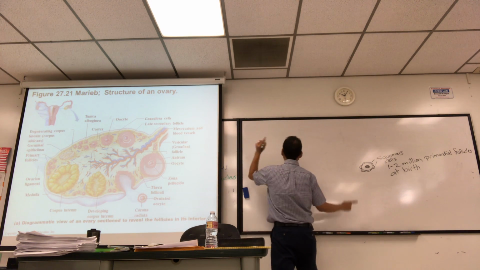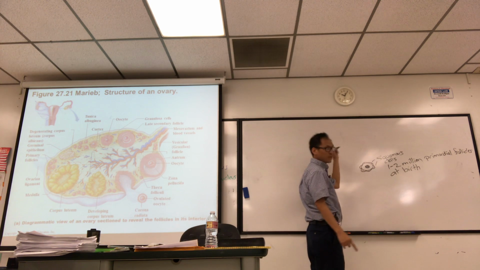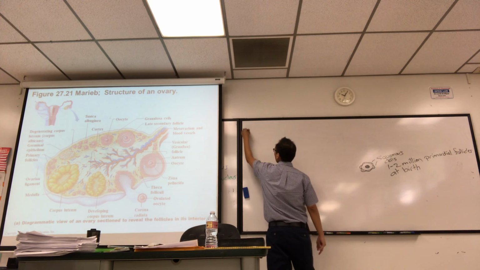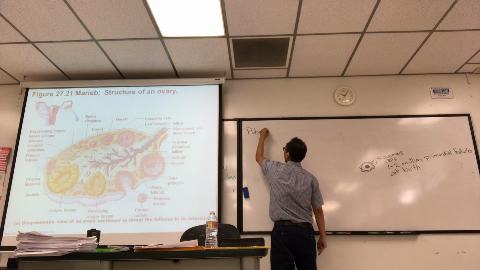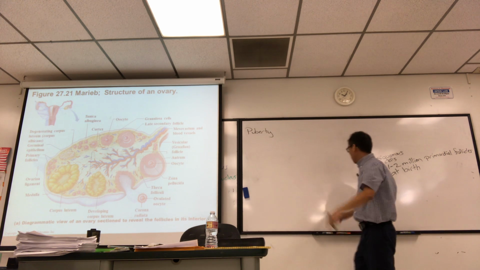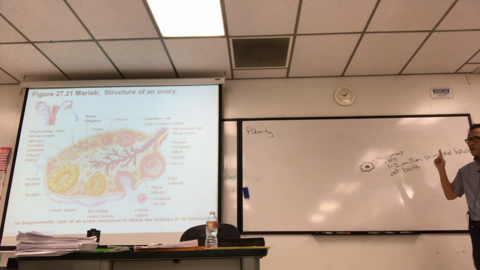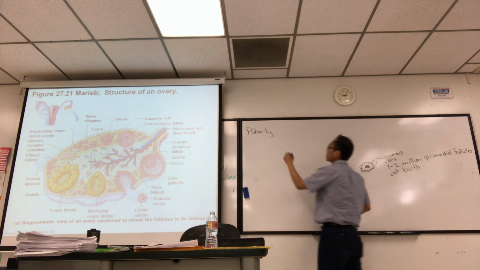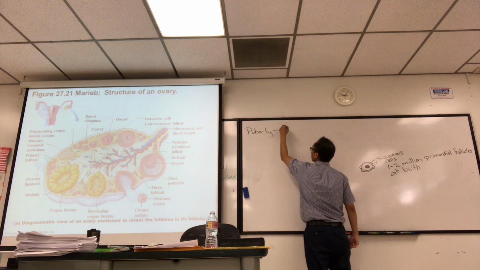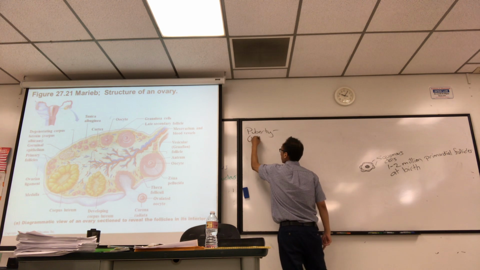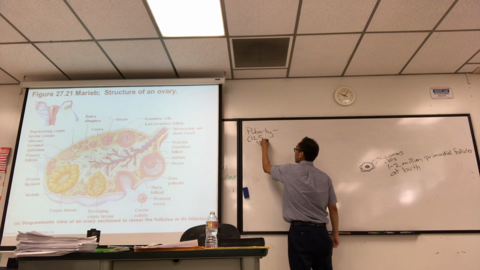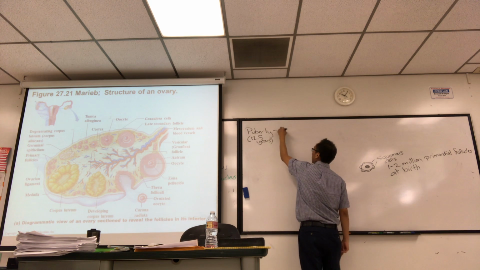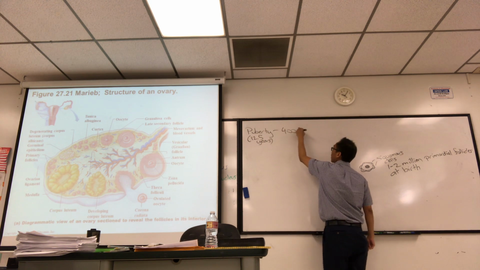But anyways, let's get from birth to puberty. When you get to puberty, there's some attrition of the follicles. You're down to about 400,000 primordial follicles. So puberty is about 12.5 years later, we're down to about 400,000.